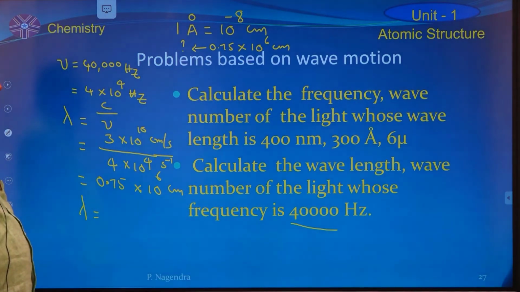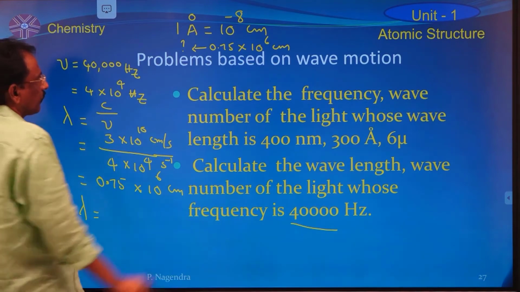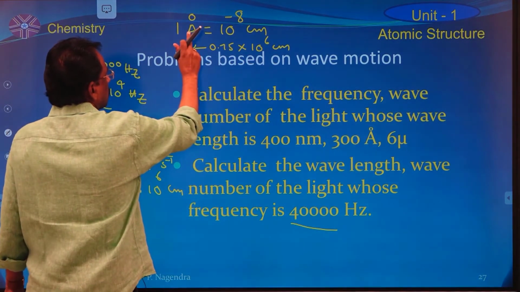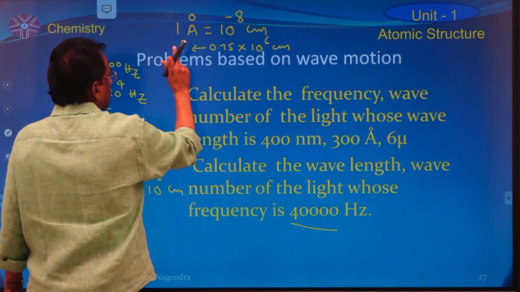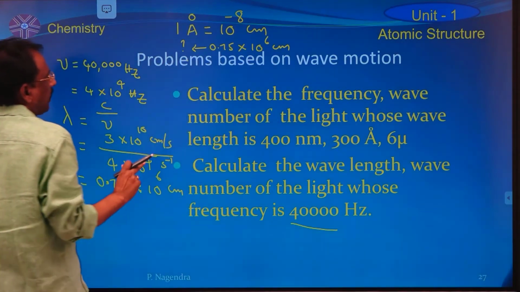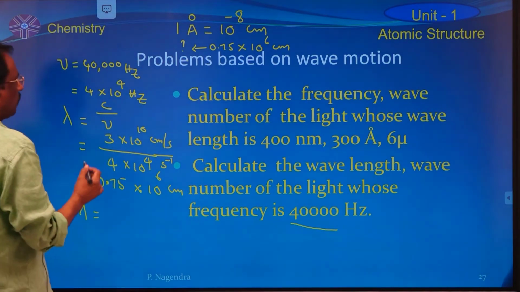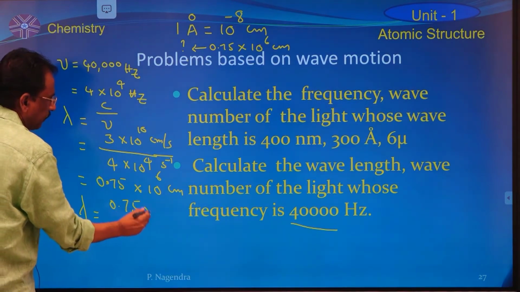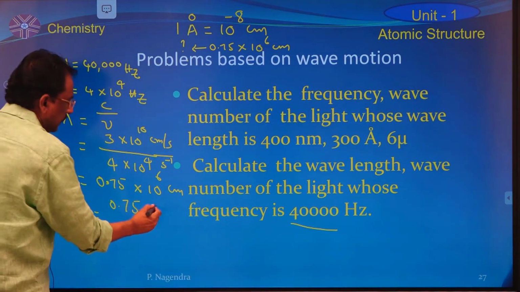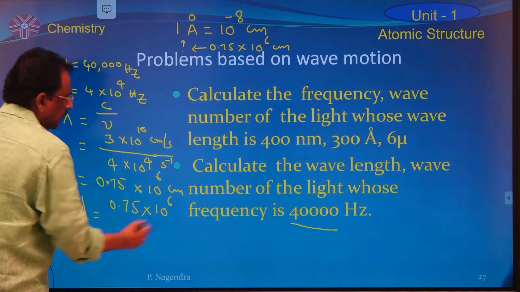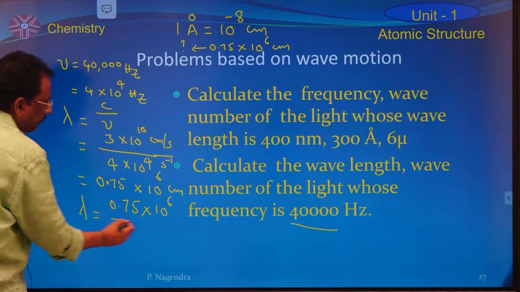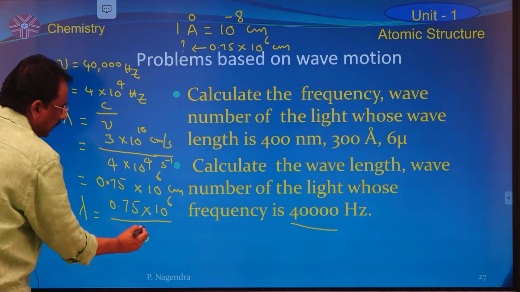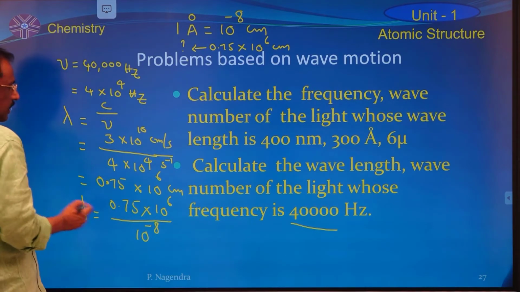Apply cross multiplication. This into this divided by this gives the answer in angstrom unit. That means 0.75 into 10 power 6 divided by 10 power minus 8.